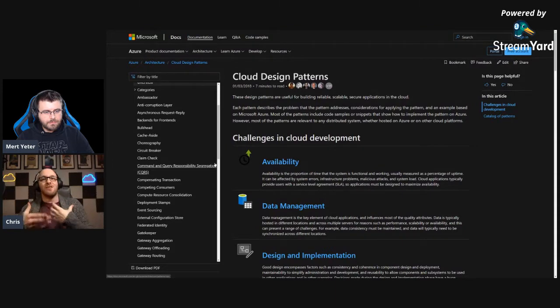Use the right pattern at the right time, and maybe we'll explore when you should use those as well. But there are so many documented, and I know there are people on my team, for example, that are working to document more that we are seeing come up as well. So hopefully that gives a bit of a clue to what cloud design patterns are for your listeners here.